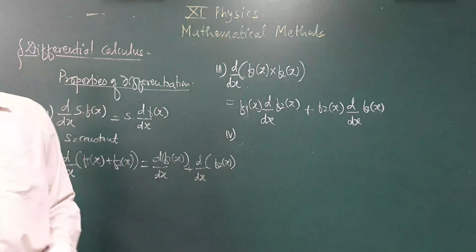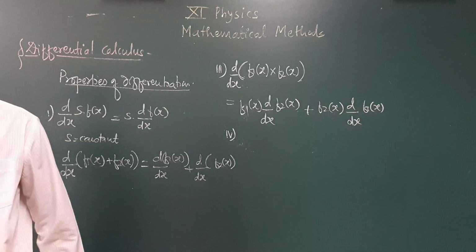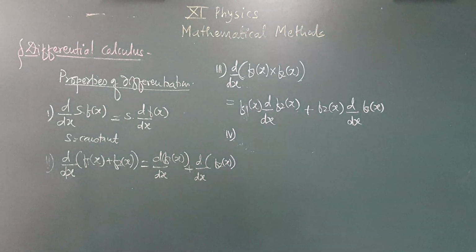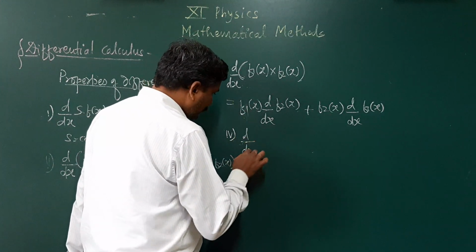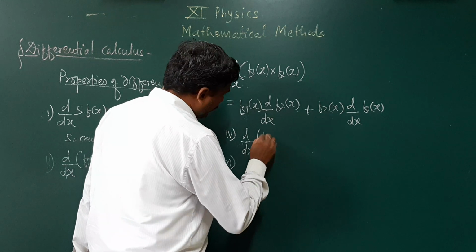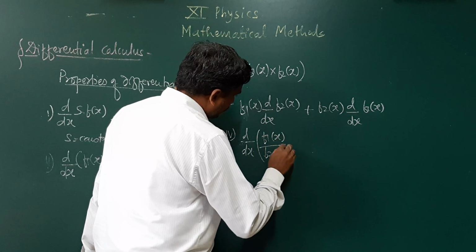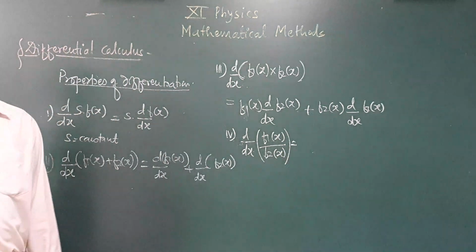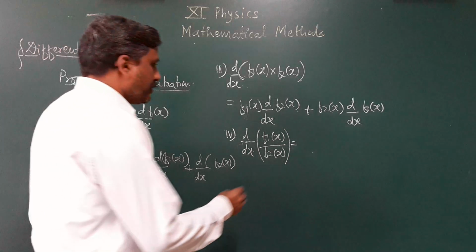And the last rule, the fourth rule, is if there is a division, then how do you calculate that? We have to see d by dx of f1 of x divided by f2 of x. Then the second term is kept constant, take the differentiation of the first.